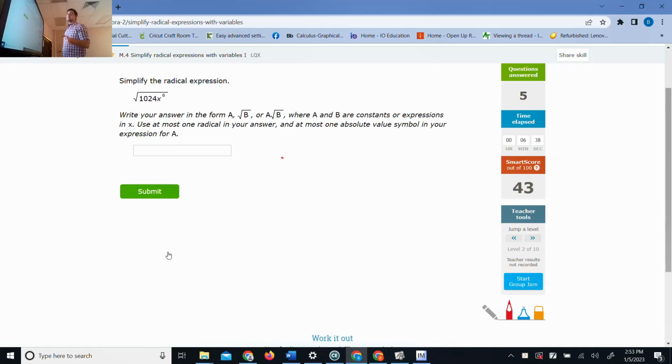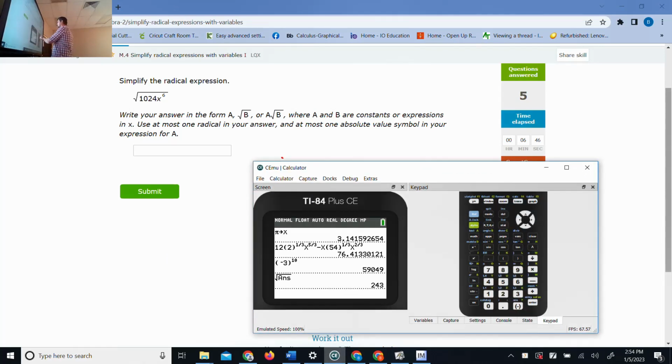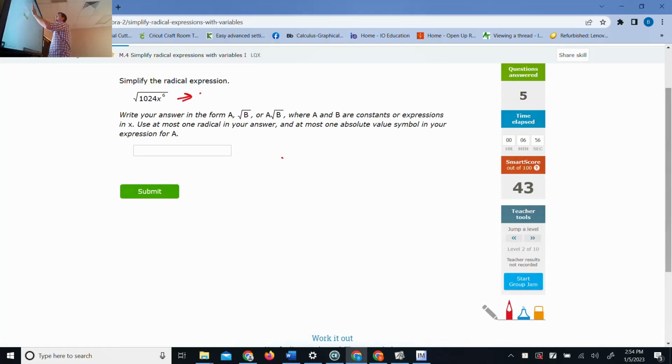You cannot take the square root of 1024. I don't think you can. I don't feel like you can. I have had a long day. Oh, you can. It's 32. Huh. I have had a long day. A little dumber today. Square root of 1024 is 32.